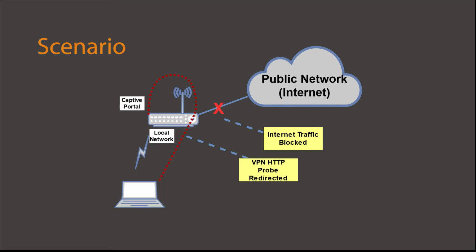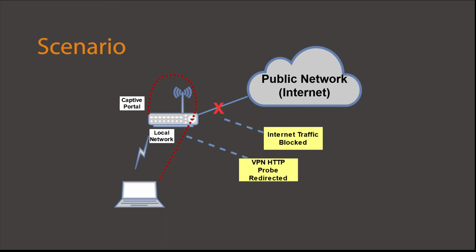But at this stage, when it detects this redirect, it will pop up its captive portal mini browser. A VPN that has captive portal mitigation enabled will force its captive portal mini browser, its proprietary browser, to be the only browser that can interact with that captive portal.